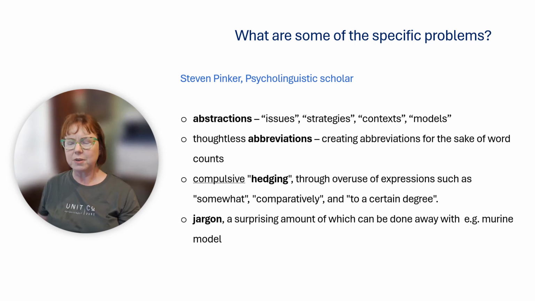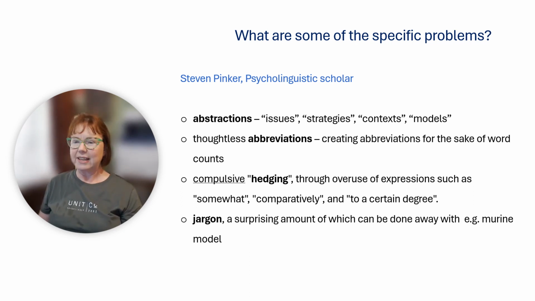Of course, there's times a writer must hedge or the accuracy of their statement will rightly be called into question. The problem with hedging is that it's just being overdone: somewhat, comparatively, to a certain extent, in part, fairly, almost, apparently, nearly, predominantly, presumably, relatively, seemingly. You see what I mean?